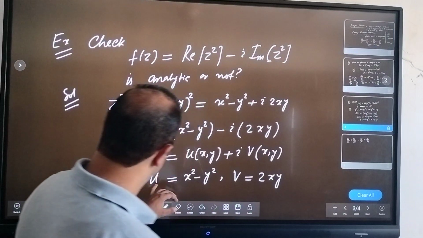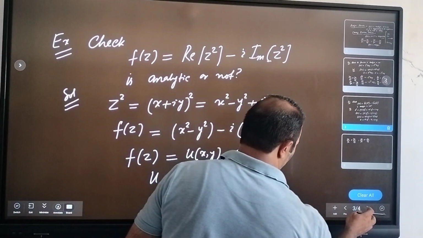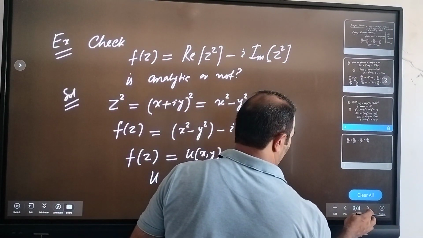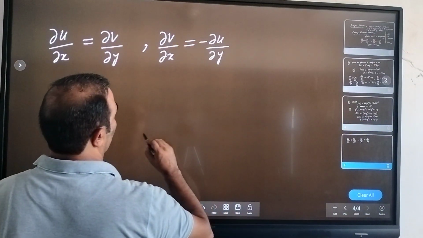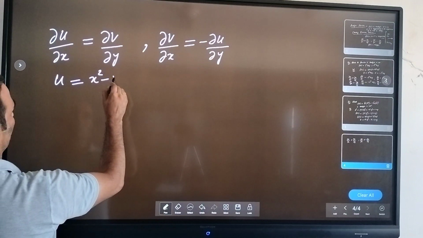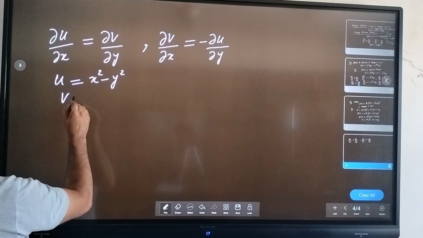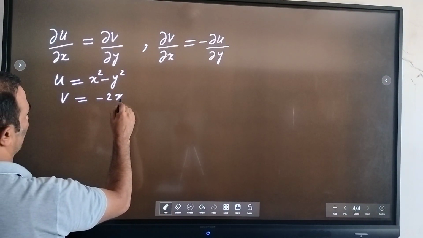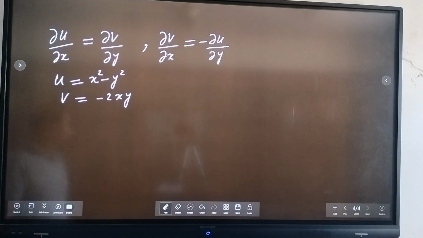So for that case, let me rewrite this. What's u of x and v of x? We can write what's u here. So u is x square minus y square, and our v is minus 2x. Okay.